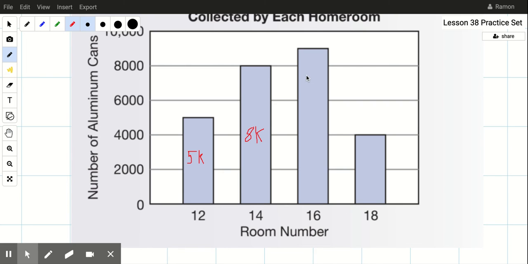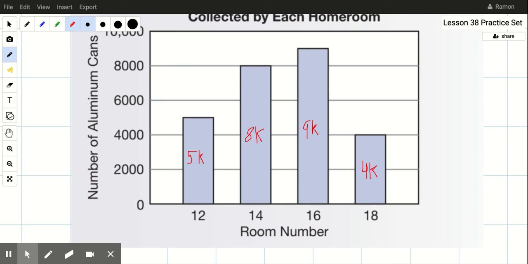For 16, you can see that it goes about halfway between 8,000 and 10,000, which makes it 9,000. Again, the K represents 1,000. And for room 18, it looks like they collected about 4,000. So to find how many cans were collected in all, we just have to add 5,000, 8,000, 9,000, and 4,000.